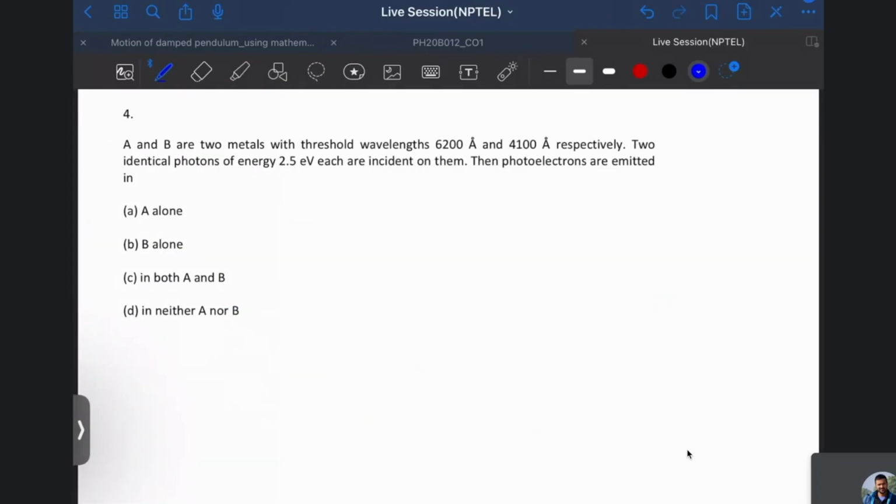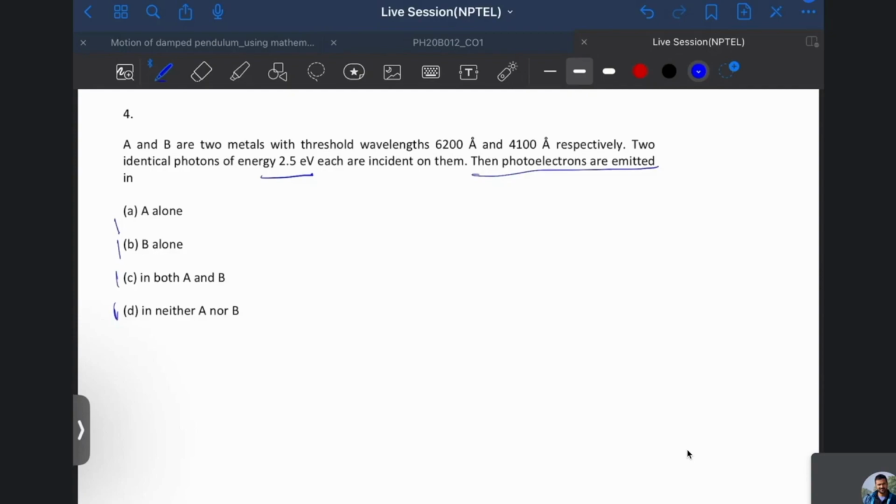Then let's go to the fourth problem. Here, A and B are two metals with threshold wavelengths 6200 angstrom and 4100 angstrom respectively. Two identical photons of energy 2.5 electron volt each are incident on them. Then photoelectrons are emitted by A alone, B alone, both A and B, or neither A nor B. Okay.